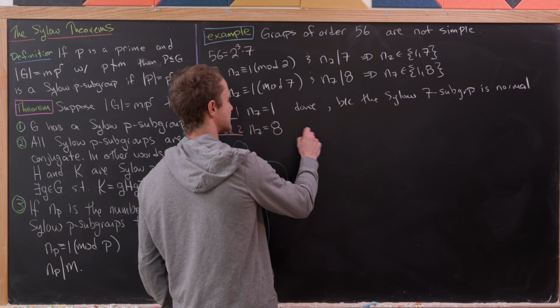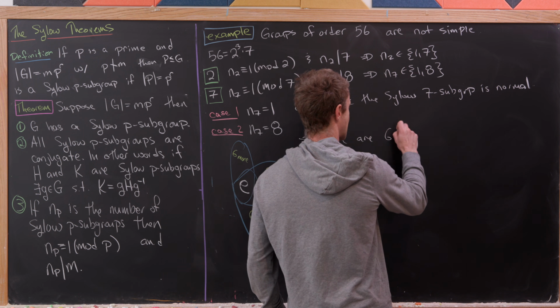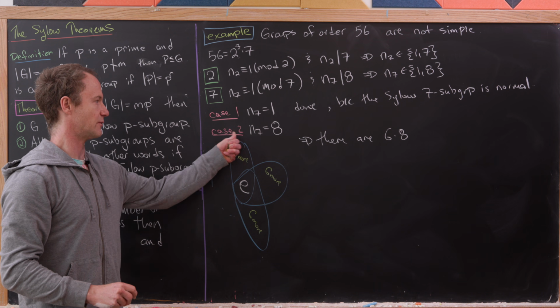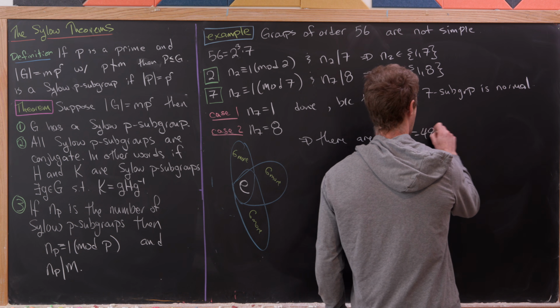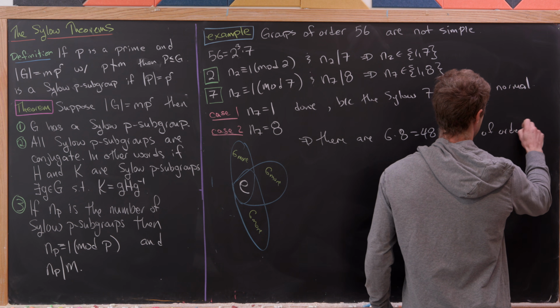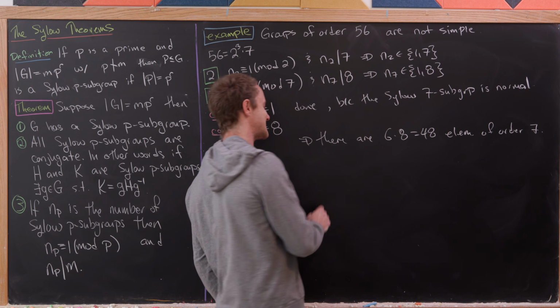And so putting this all together, that means there are 6 times 8, because we've got 6 elements and 8 subgroups. In other words, we've got 48 elements of order 7. Okay, nice. But what does that leave?